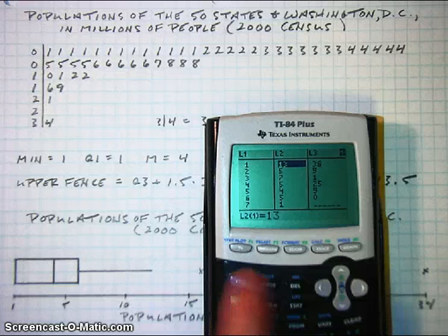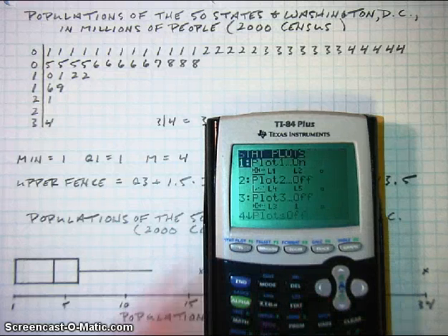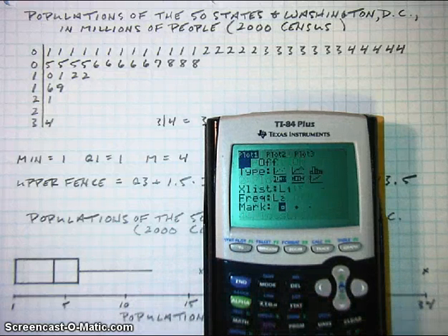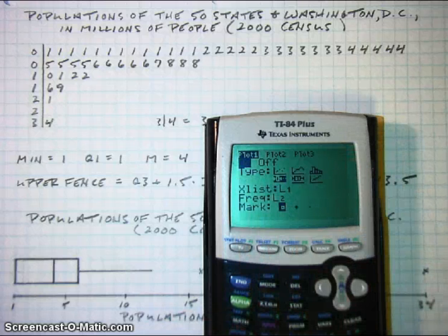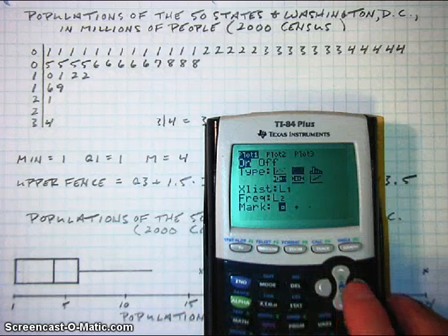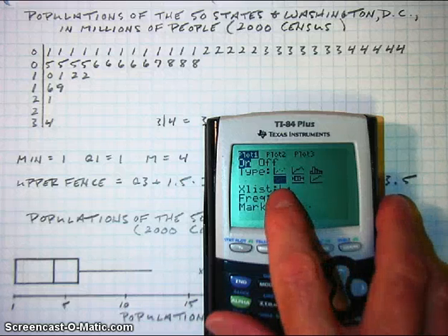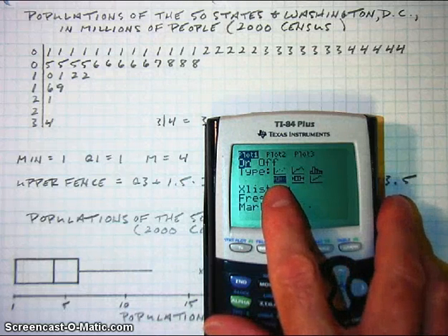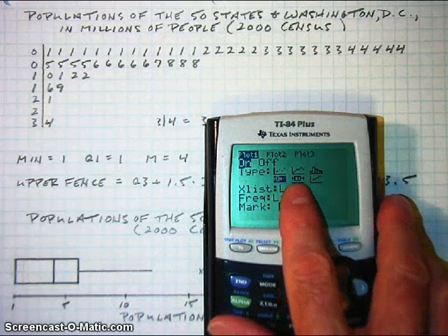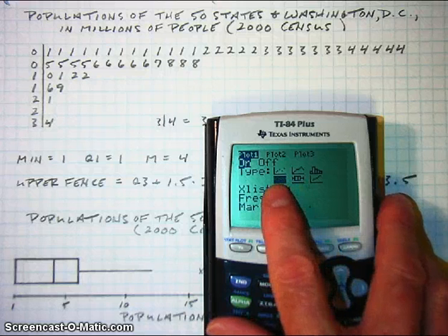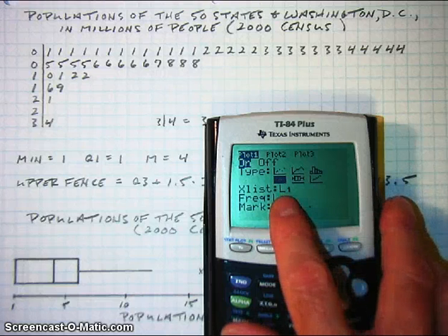And then once you have your data in, you can quit, go to Stat Plot, select the plot, make sure it's turned on. If you're drawing a modified box plot, this is the one you want right here. Not this one. This is the regular box plot that doesn't show the outliers. This is the modified box plot that does, and that's the one we want in this case. My X list, my data values are in list 1.